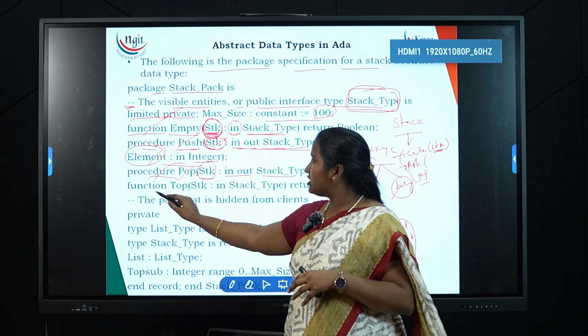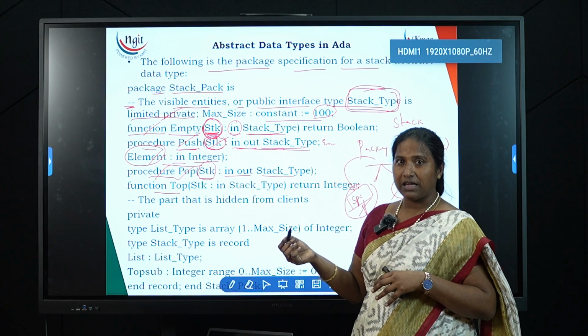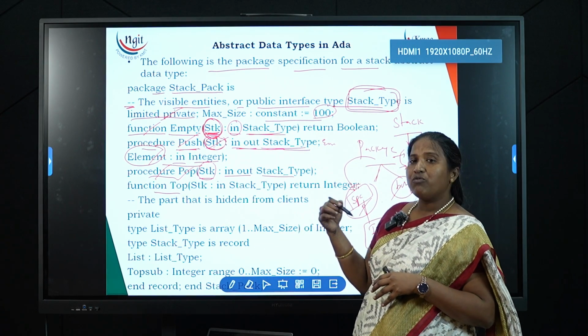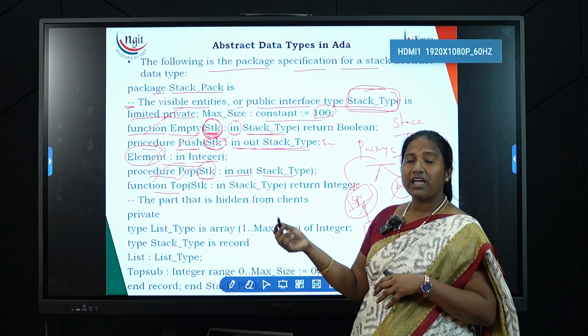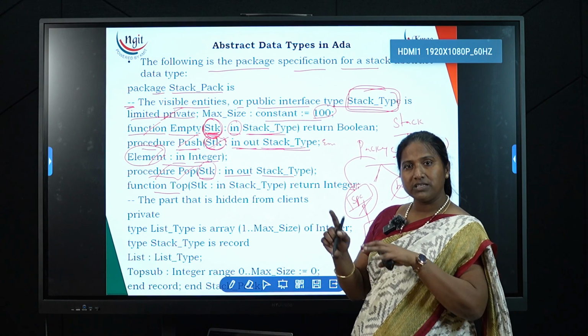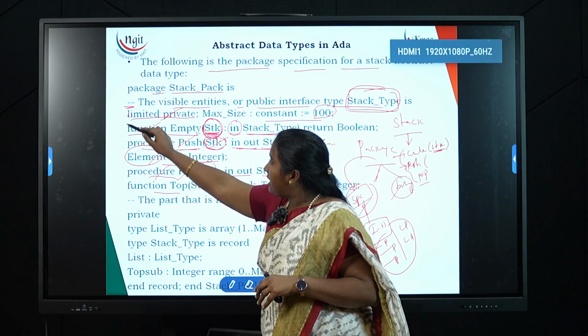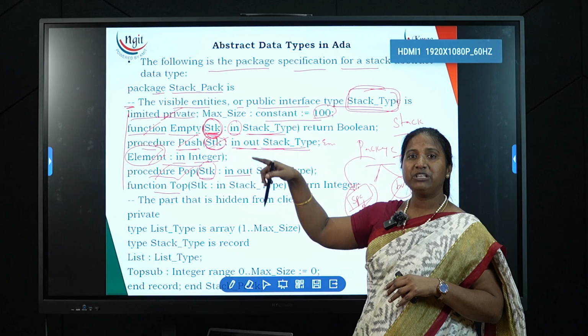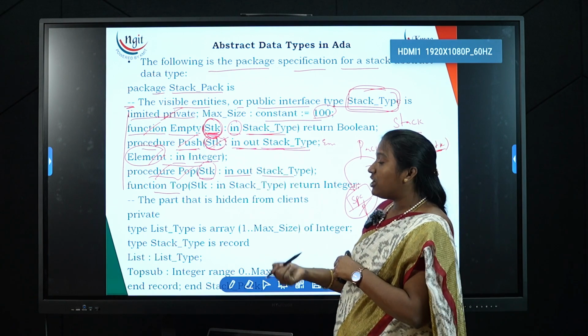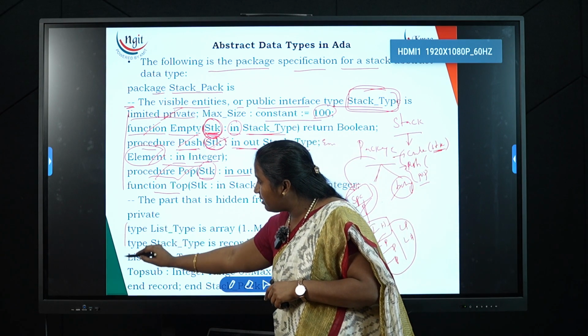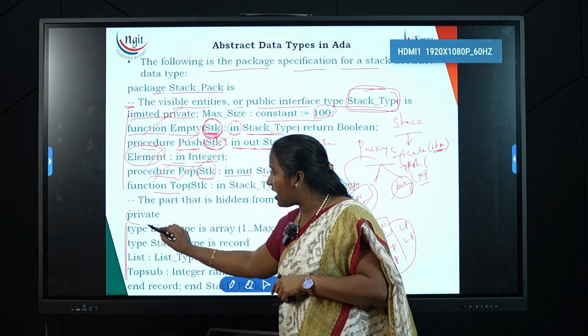Now function top, to return the top of the stack. Now observe carefully: wherever I wanted to return a value, there I have used the term function to say it is a function and it returns a value. And now these are what is visible to the user. And what is not visible is wherever I have used the private access specifier.